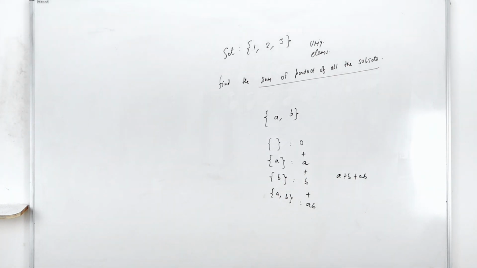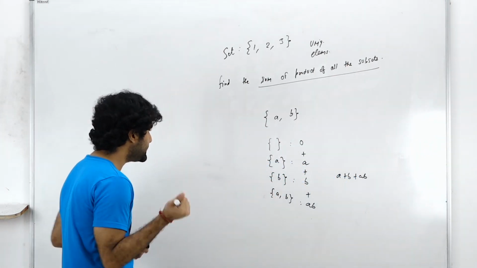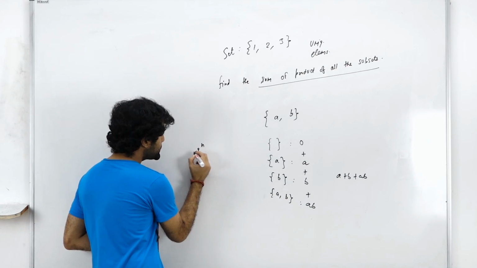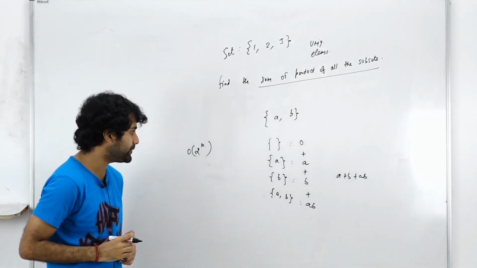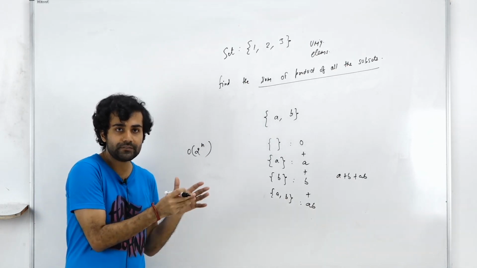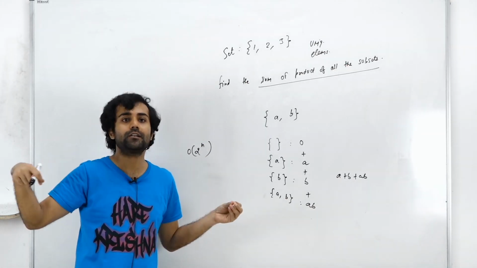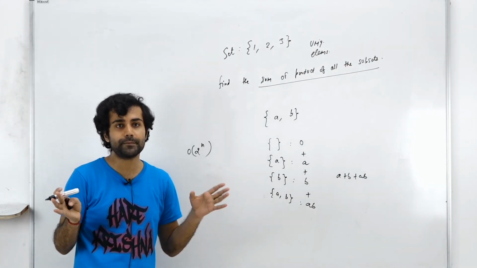The first thing that is evident is that the code which I will write to generate all the subsets will take almost 2 raised to power n time, because these many subsets will be there. And now whenever I have generated a particular subset, I need to take the product of all the elements present in that.